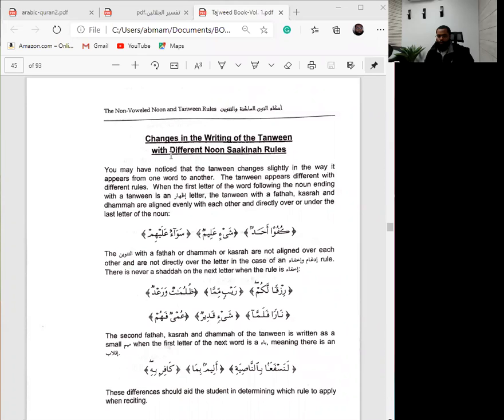When the first letter of the word following the noon ending with the tanween is an idhar letter, the tanween with fatha, kasra, and dhamma are aligned evenly with each other and directly over and under the last letter of the noun. So with the fatha, kufuwan ahad, directly aligned. That indicates idhar. Shay'in alim, that indicates idhar.